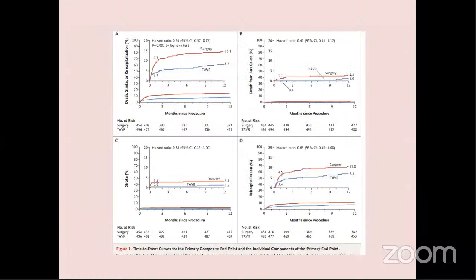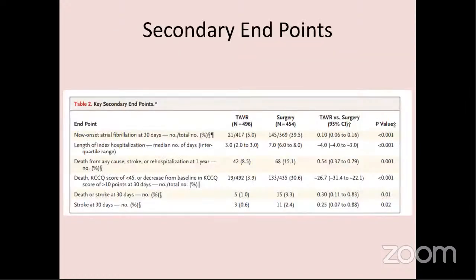So the TAVR group as compared with the 2.5 in the surgery group, for death from any cause, 1.2 as compared with 3.1. For the secondary endpoints at 30 days, TAVR resulted in a lower rate of stroke than surgery, 0.6 to 2.4 in the surgical group, and a lower rate of death or stroke, 1% to 3.3% in the surgical group.